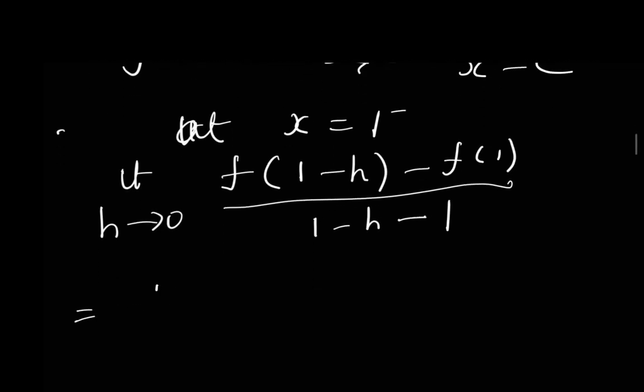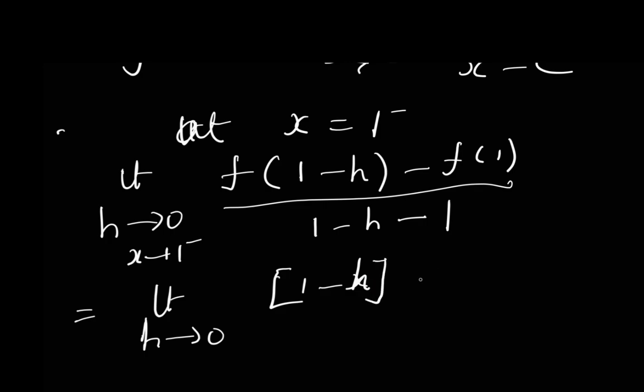So you will get limit h tends to 0. Actually x takes the value 1 minus h. So f of 1 minus h is equal to, we write it as the closed bracket of 1 minus h.